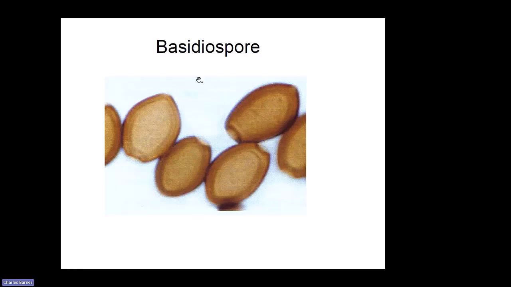And since they're grown on a stool-like structure, there's a little crowding on here. And so all basidiospores are a little asymmetric. And so if you draw a line down through here, this will be asymmetric because they were all crowded around a central area, and they didn't have so much room to grow in the middle, but they had room to grow on the outside. And so there are lots of different basidiospores.